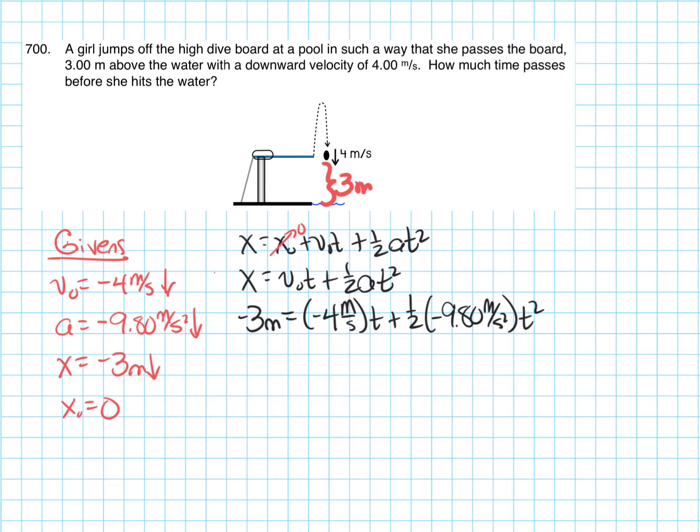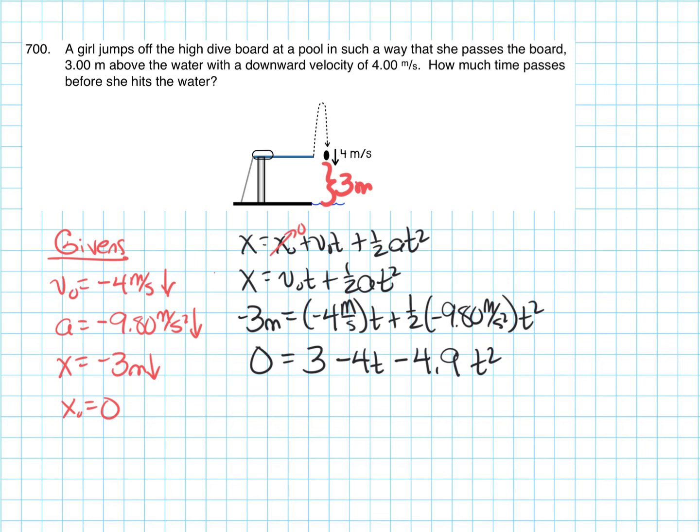Okay, I can rearrange this a little bit. I'll move the 3 to the other side. So that becomes 0 is equal to 3 minus 4t minus 1/2 of 9.8 is 4.9, so minus 4.9 t squared.